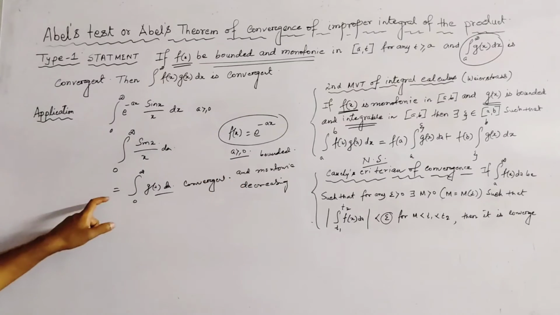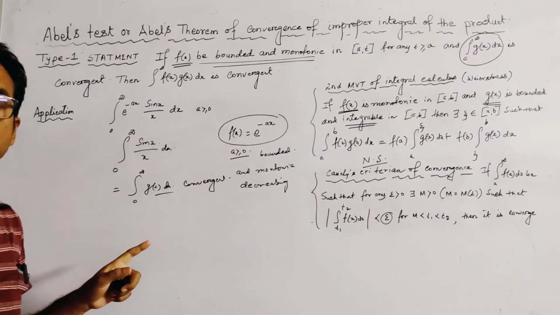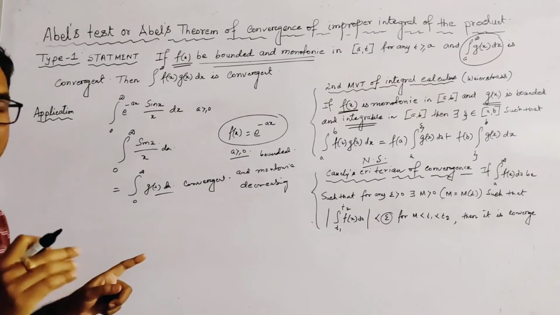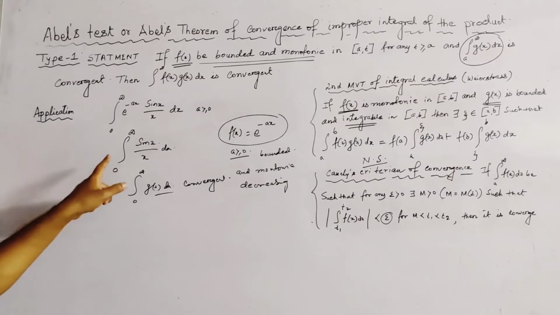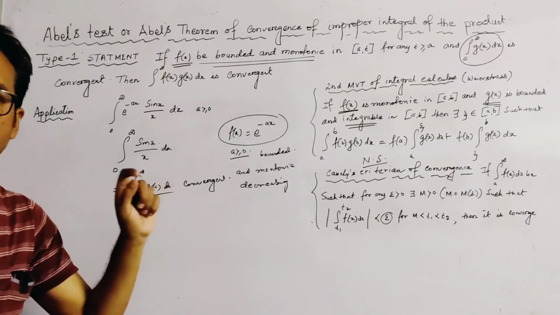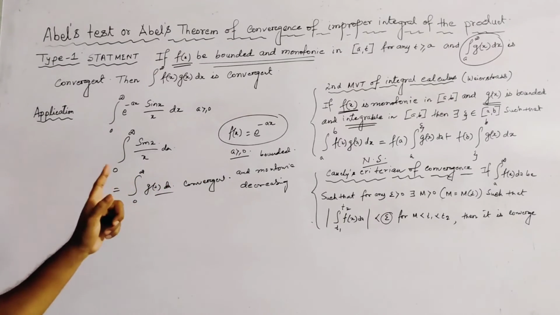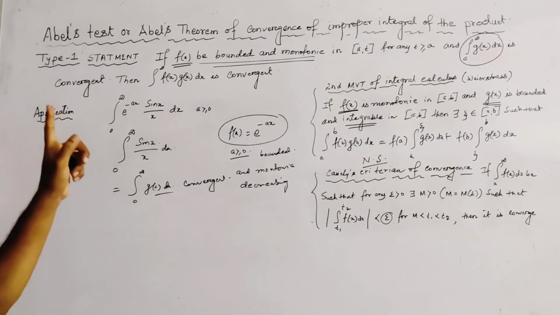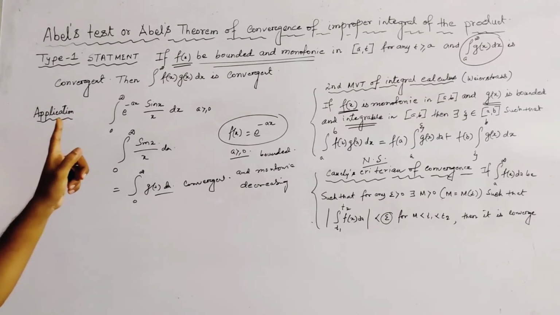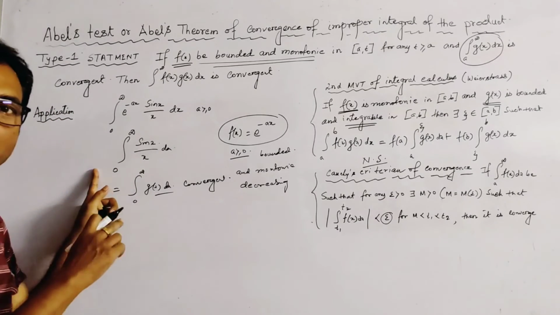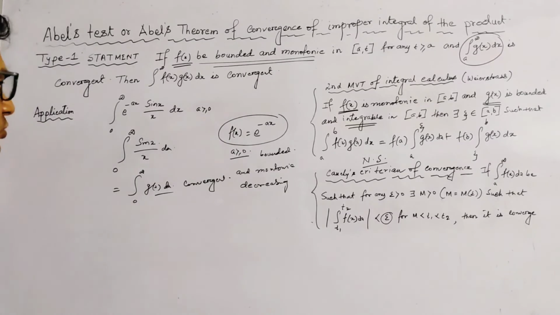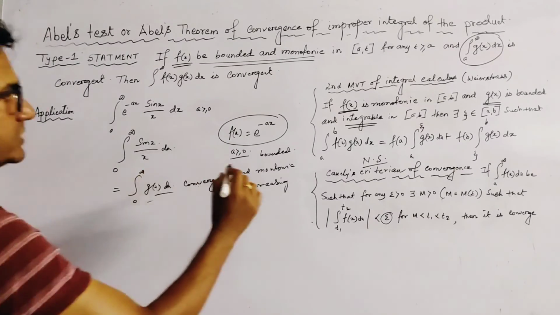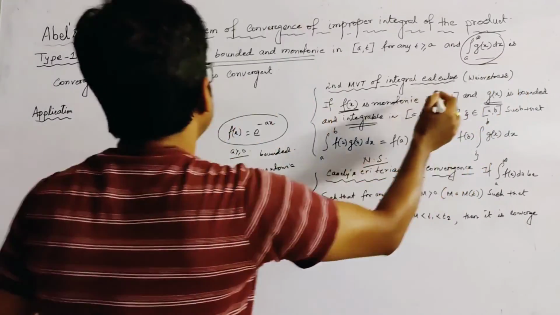It is already proved in the class of Dirichlet test. This is a very important application of Dirichlet theorem or Dirichlet test. We proved this problem in that class, and you get the link of this video in the description box. So we say that the second condition is also satisfied.